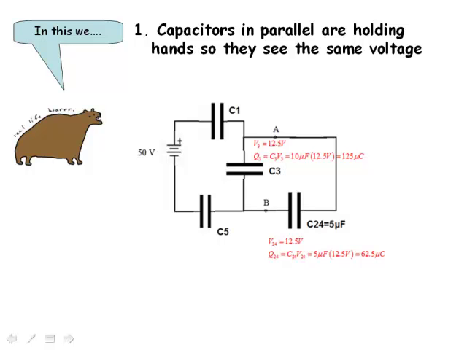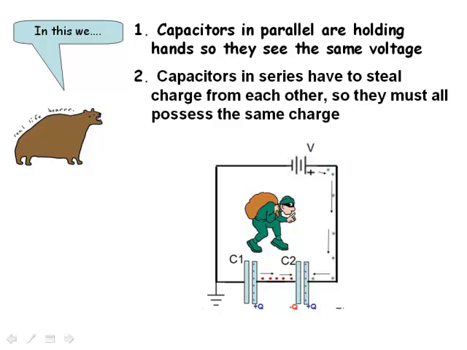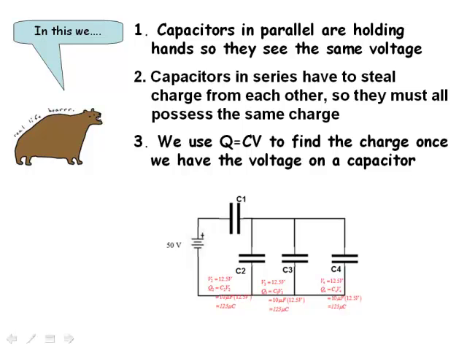Well, what did we learn today? We found that capacitors in parallel are holding hands so they see the same voltage. Capacitors in series have to steal charge from each other, so they must all possess the same amount of charge. We use the equation Q equals CV to find the charge once we have the voltage on a capacitor.